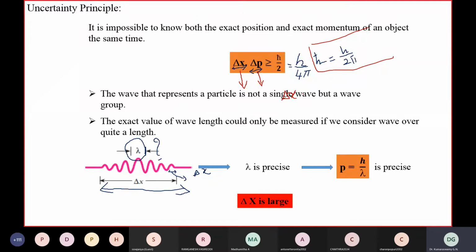When the present state itself is not known precisely, it is obvious that the future also has to be uncertain. We don't have an option. So the future has to be uncertain in all moving bodies.